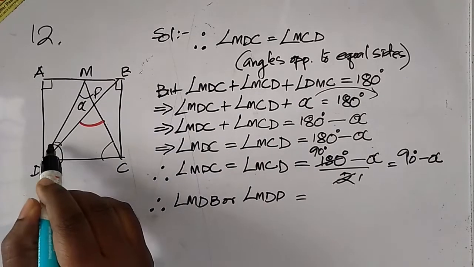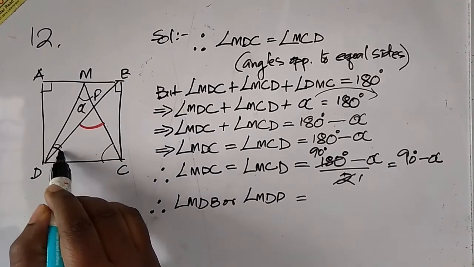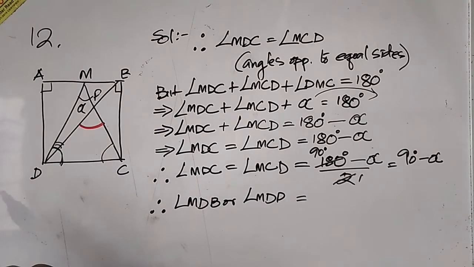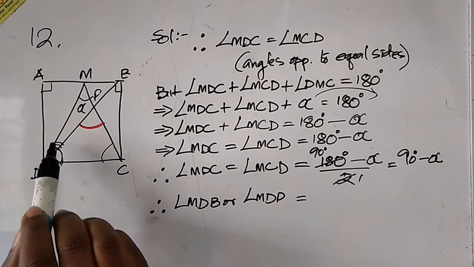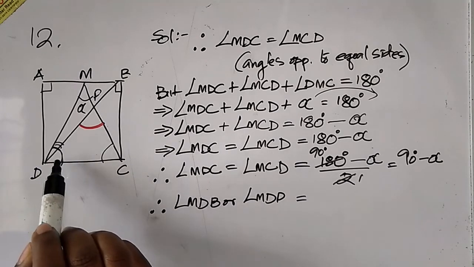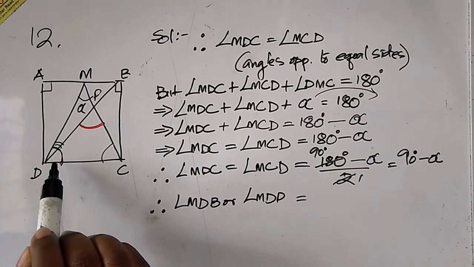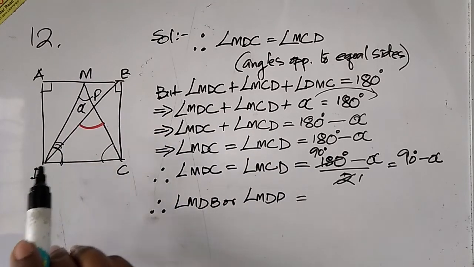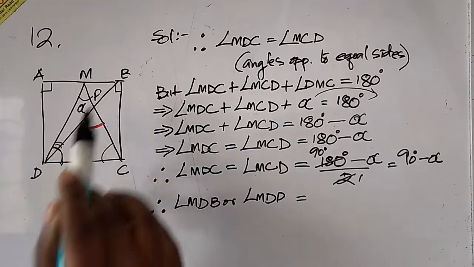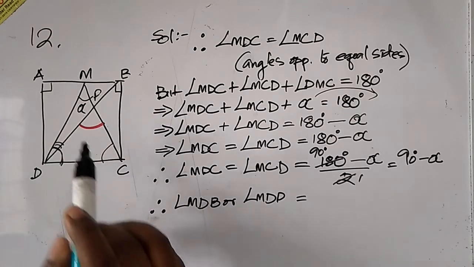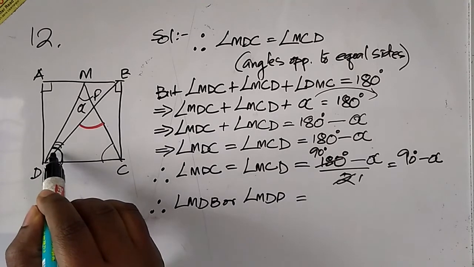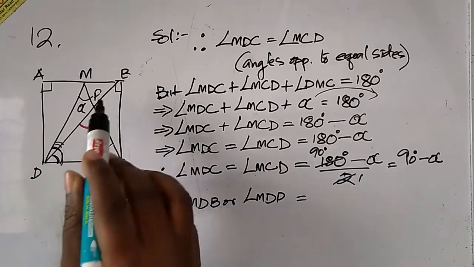This is the whole angle here, right? If we have to find this angle, we'll be subtracting the smaller angle from the whole angle, right? I hope you are getting it. So what we are doing here is MDC is the larger angle minus BDC.